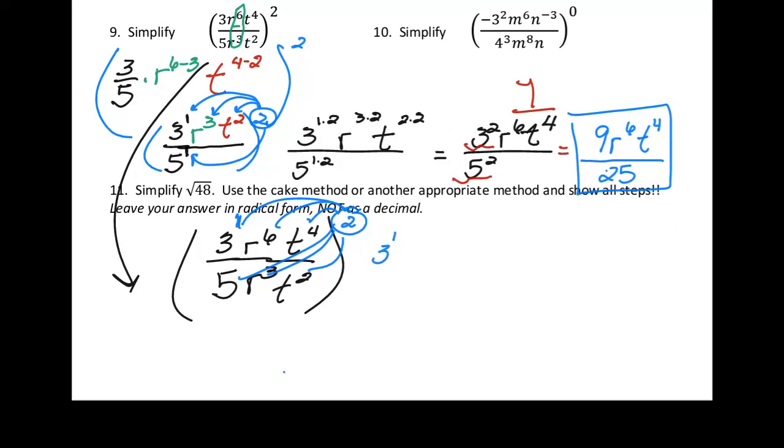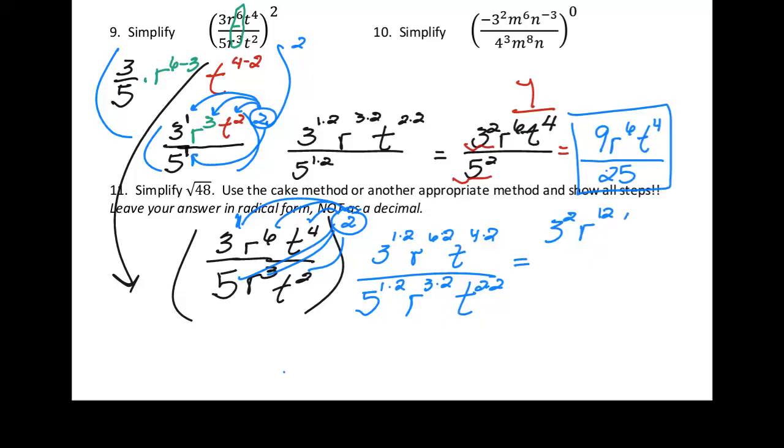So this is 3 to the 1 times 2, r to the 6 times 2, t to the 4 times 2, all divided by 5 to the 1 times 2, r to the 3 times 2, t to the 2 times 2, which is 3 squared, r to the 12th, t to the 8th, divided by 5 squared, r to the 6th, t to the 4th.